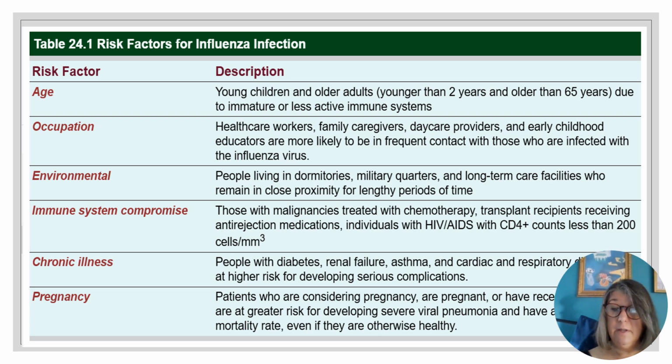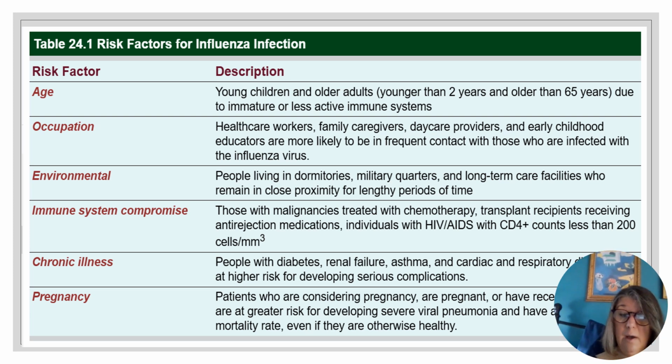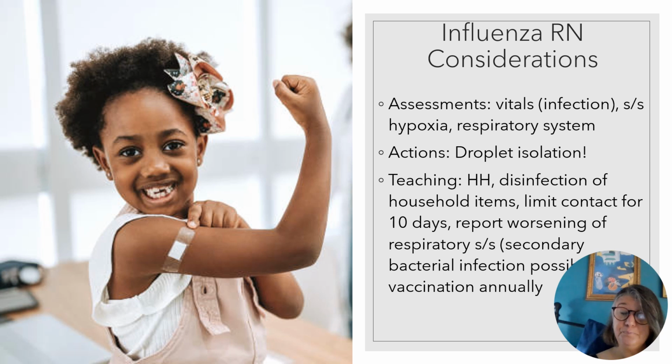We're going to worry about them being more susceptible to the flu. Chronic illness people. Don't forget that we consider our diabetes people in that immunocompromised category. And then, of course, we worry about our pregnant people because there is not a whole lot of stuff they can take to help with the flu, and viral pneumonia can increase the mortality rate of pregnant women.